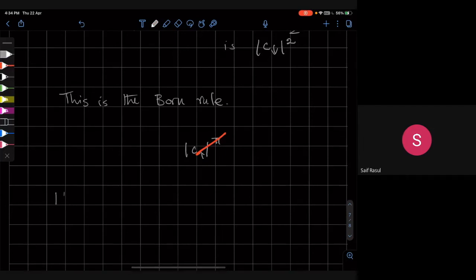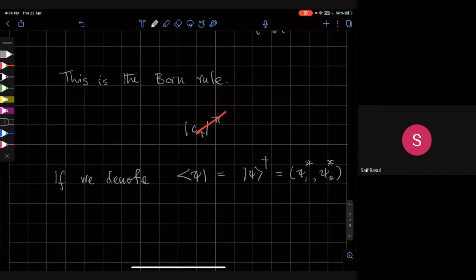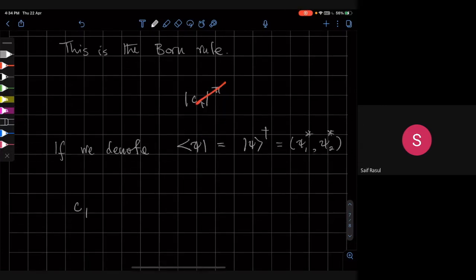If we denote by bra psi the Hermitian conjugate of ket psi, which means we take psi, the ket, transpose it and complex conjugate it, then it's easy to see that C up is given by this, and C down is given by this.